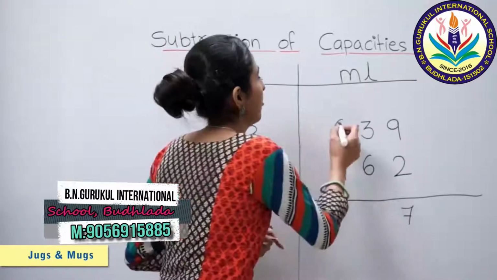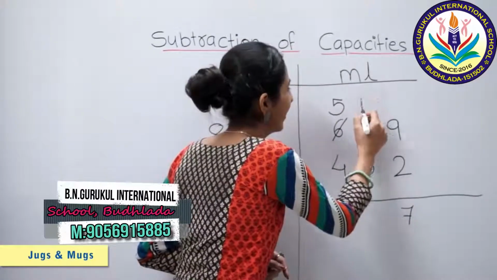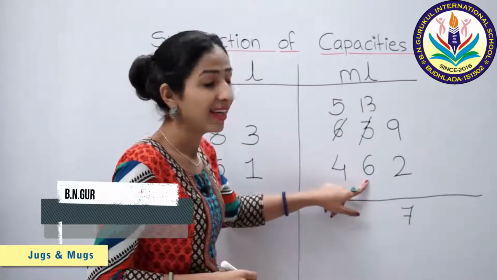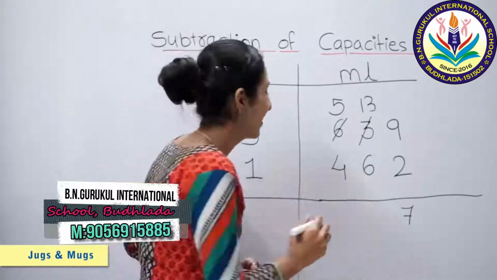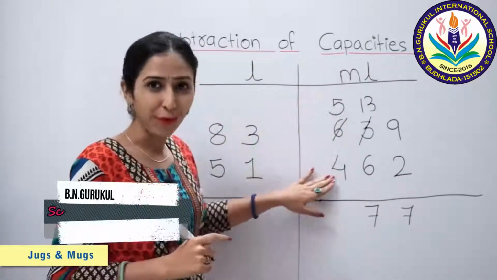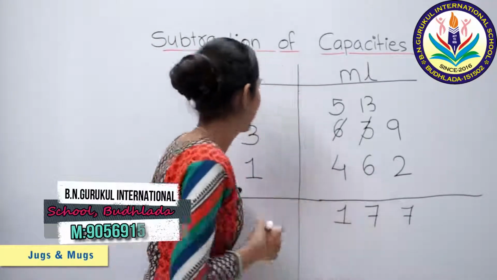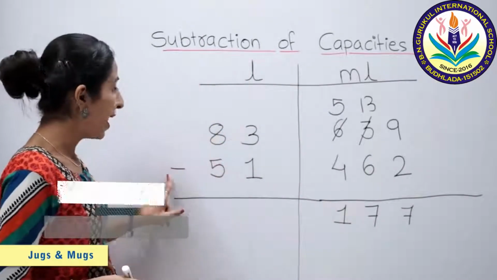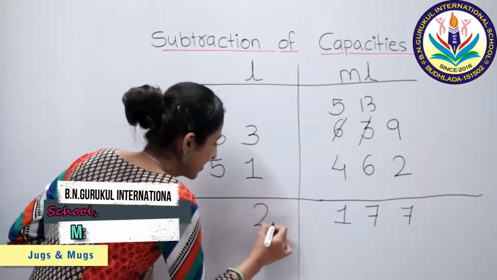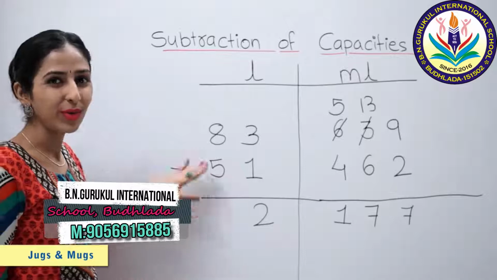6 becomes 5. 3 becomes 13. Now, 13 minus 6 is equal to 7. 5 minus 4 is equal to 1. 3 minus 1 is equal to 2. 8 minus 5 is equal to 3.